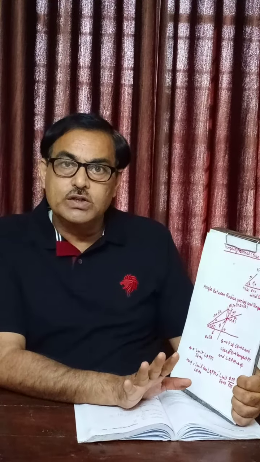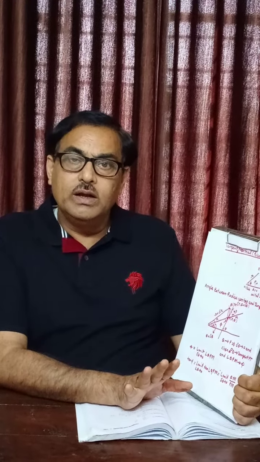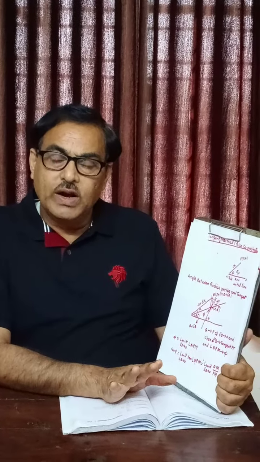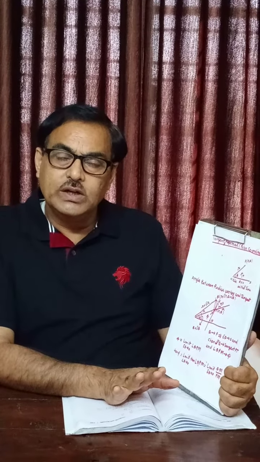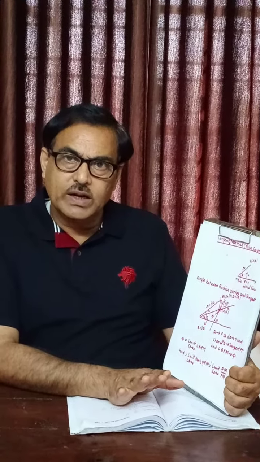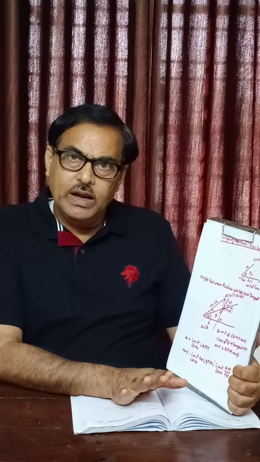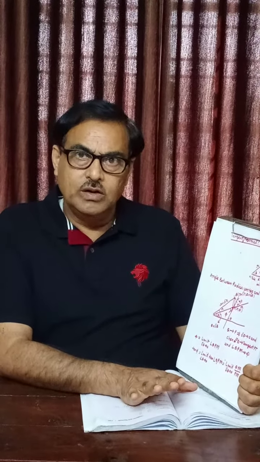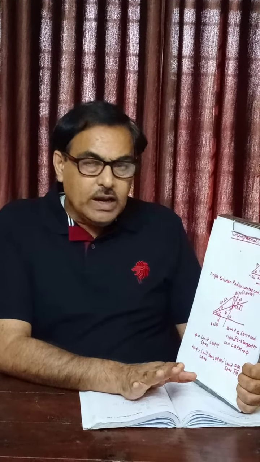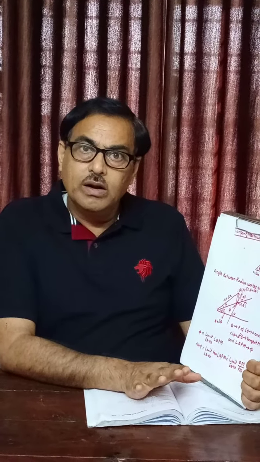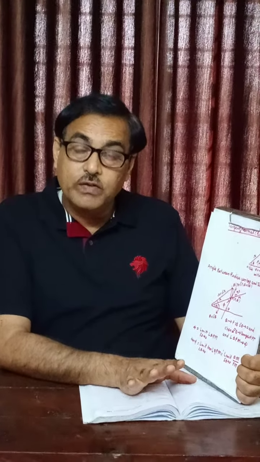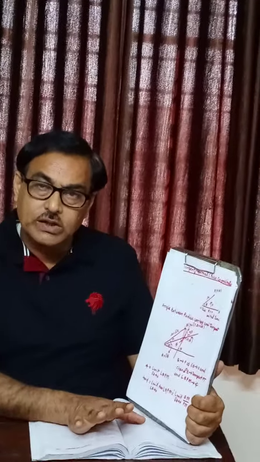So three notations you have already cleared. Theta is the vectorial angle, meaning theta is the angle between radius vector and the initial line. Angle psi: these notations are fixed throughout the study.